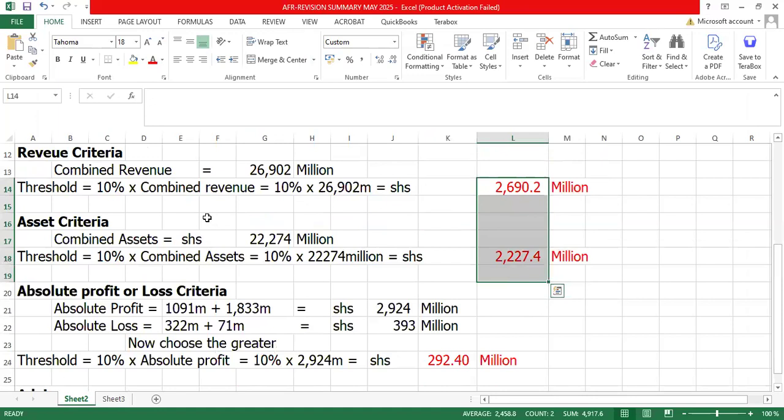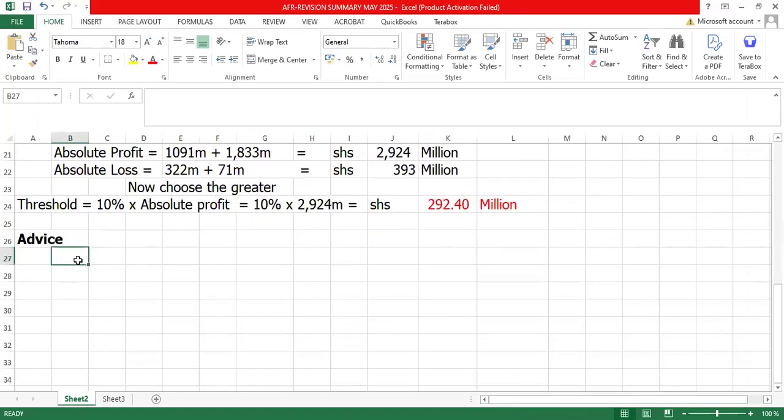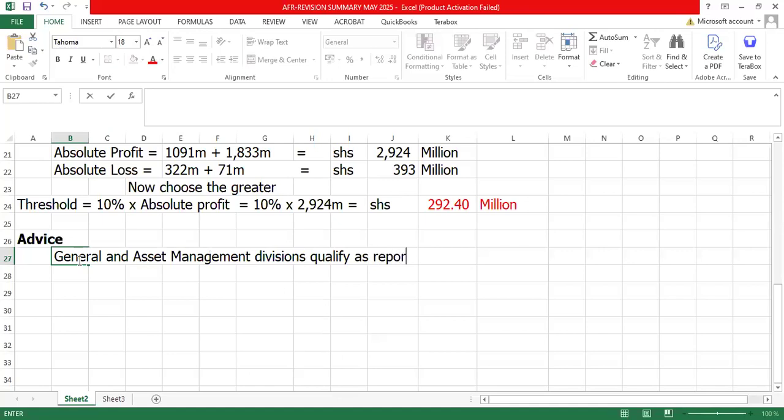Okay, I'm going to write: when you observe, our general and asset management divisions qualify as reportable segments under all three quantitative parameters.